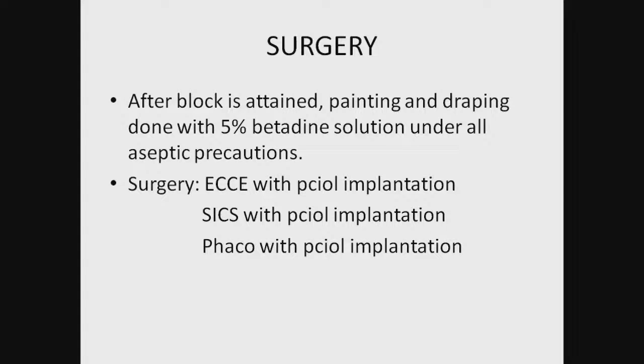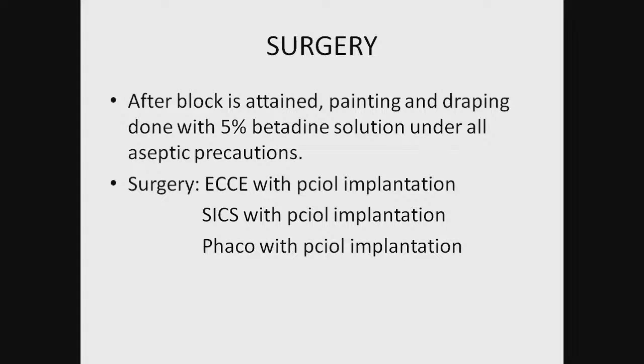Then the steps you know: you have to take the superior rectus suture, then the conjunctival flap, then you have to do the capsulotomy. In capsulotomy also there are types like curvilinear capsulorhexis, linear, or can opener. According to the patient and the preference of the surgeon, capsulotomy is done.